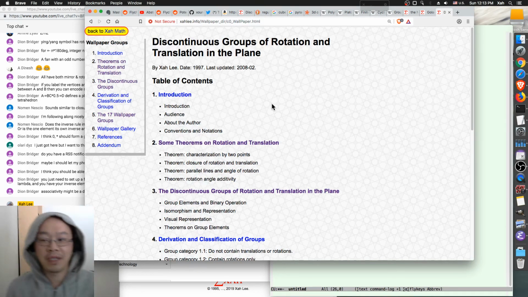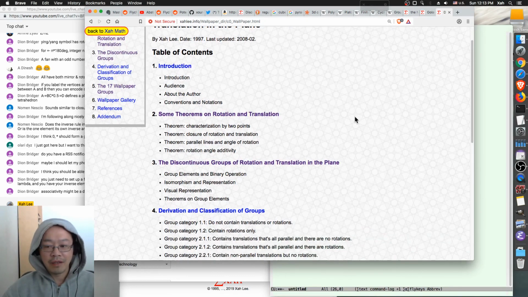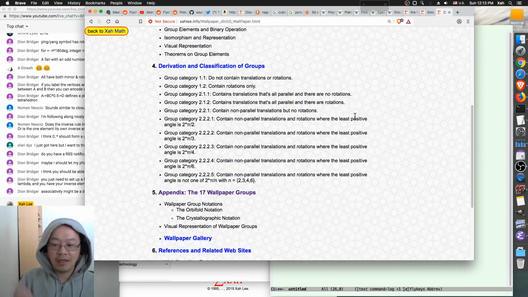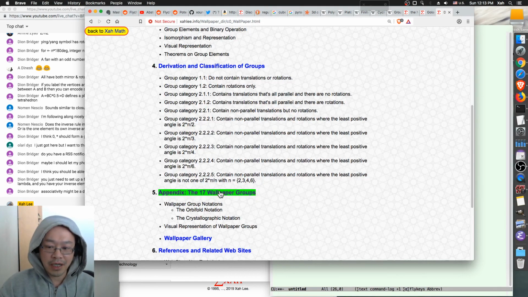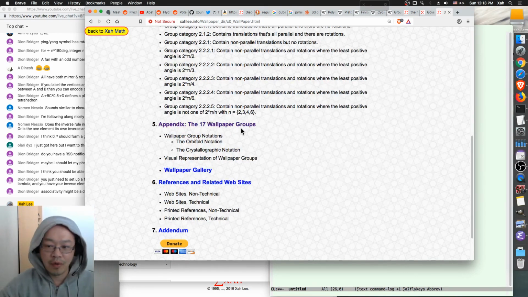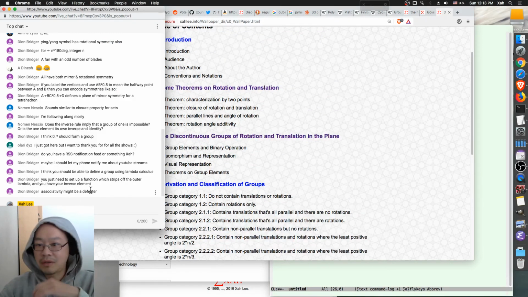They used to write to me for permission to use some of the material. This article talks about the discontinuous groups of rotation and translation in the plane. So from this article, you can get a concrete idea of how group theory works. The subject is called wallpaper groups. It's also in Wikipedia, by the way, if you just search for wallpaper groups. So anyway, that's my intro to group theory.